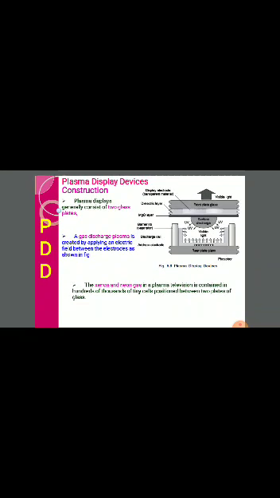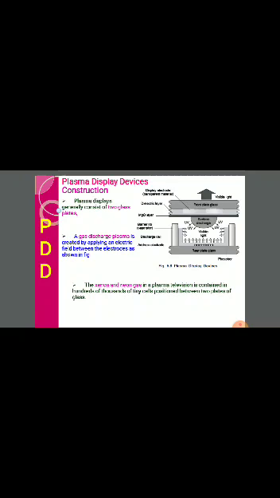Next topic, plasma display devices. Plasma displays, you know very well. This plasma display generally consists of 2 glass plates. You can see here in the diagram. A gas discharge plasma is created by applying the electrical field between these electrodes as shown in the figure.